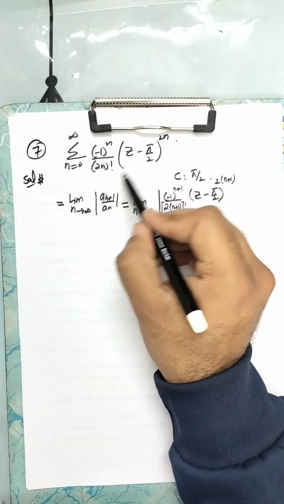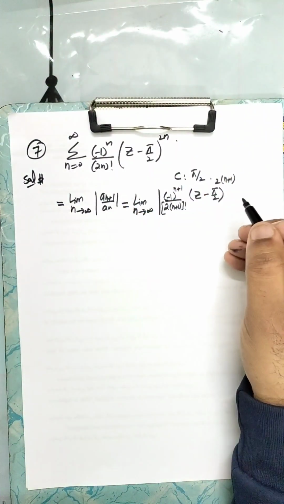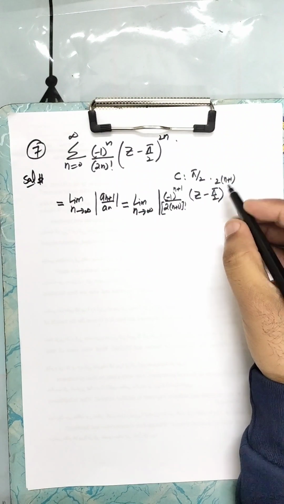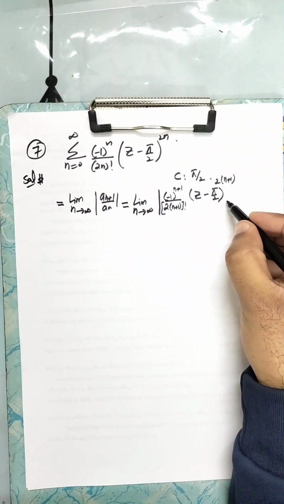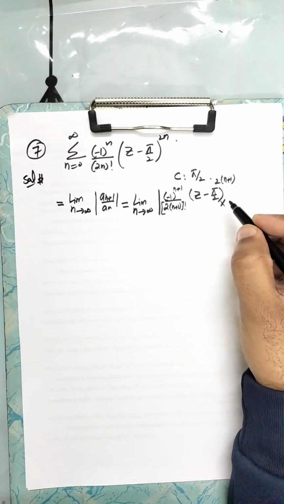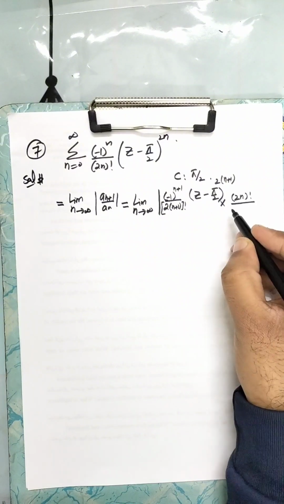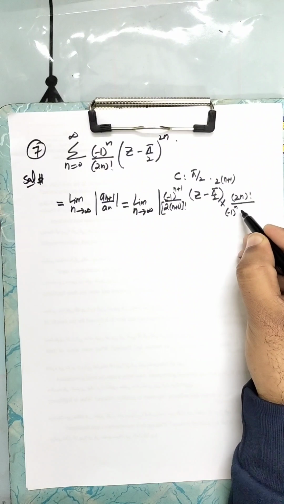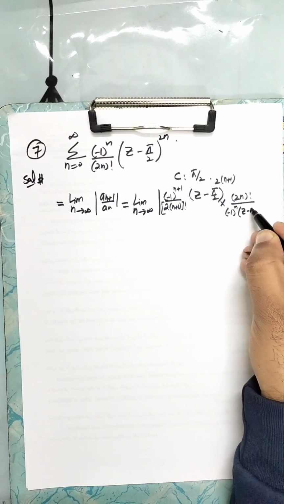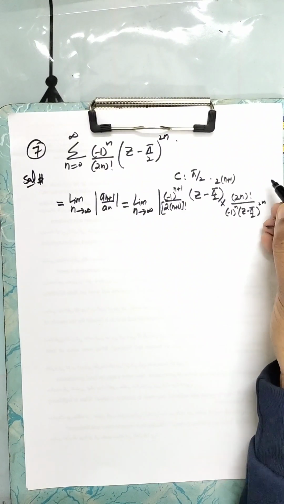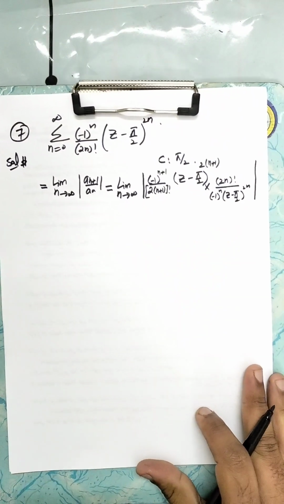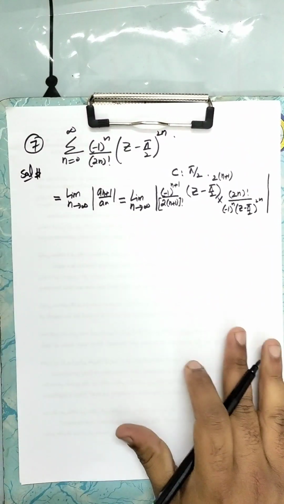We consider this whole term as a_n. So we take the reciprocal of this because it is in the denominator. We write 2n factorial over (minus 1)^n (z minus pi by 2)^(2n) and take the absolute value.